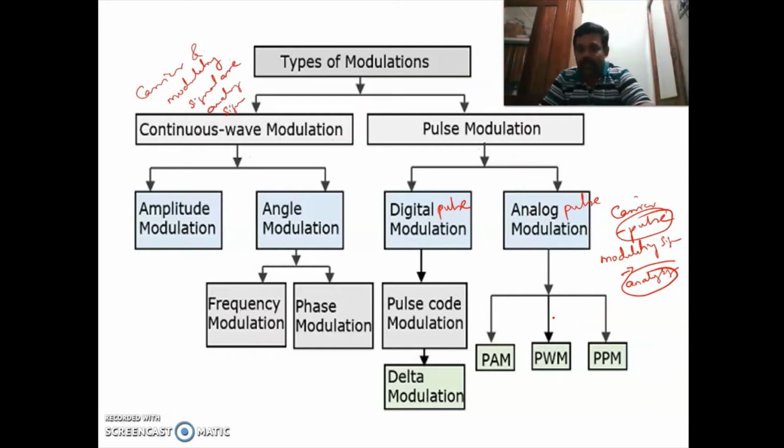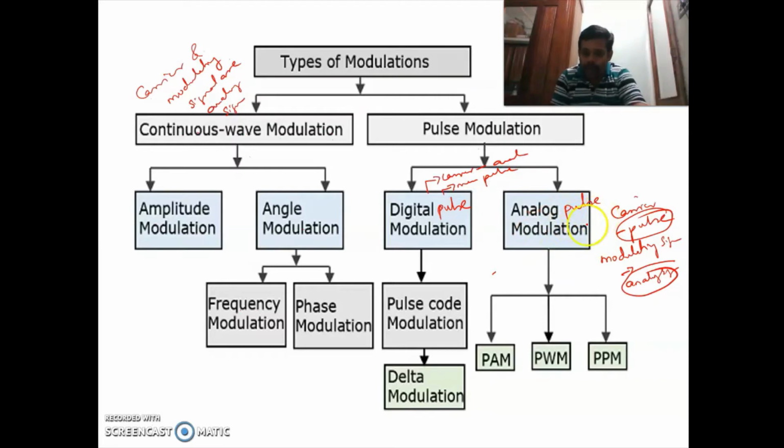In digital pulse modulation, the carrier is an analog signal and the message signal is a pulse.